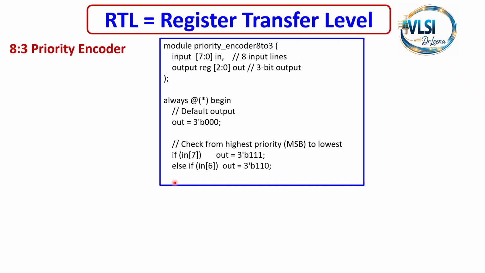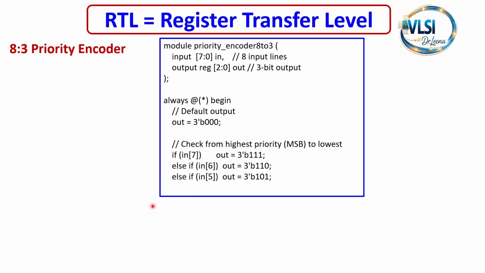This is telling that if input 7 is low and IN6 is high, the output is 110, that is the binary of 6. And if 7 is high and 6 is also high, the higher priority will be given to 7. If 7 is low and 6 is high, the higher priority will be taken by IN6.